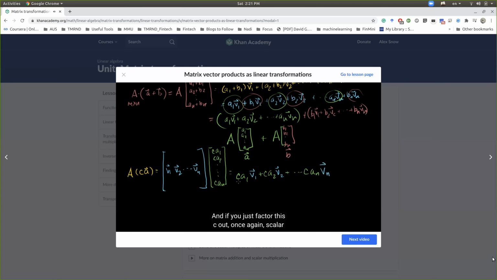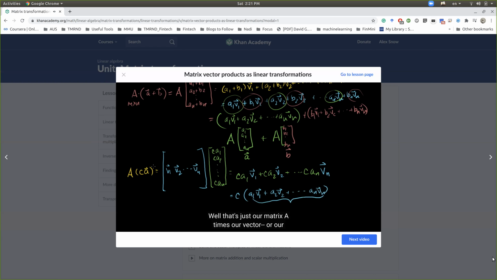And if you just factor this C out, once again, scalar multiplication times vectors exhibits the distributive property. I believe I've done a video on that, but it's very easy to prove. So this will be equal to C times A1 V1 plus A2 V2 plus all the way to An Vn. And what is this thing equal to?